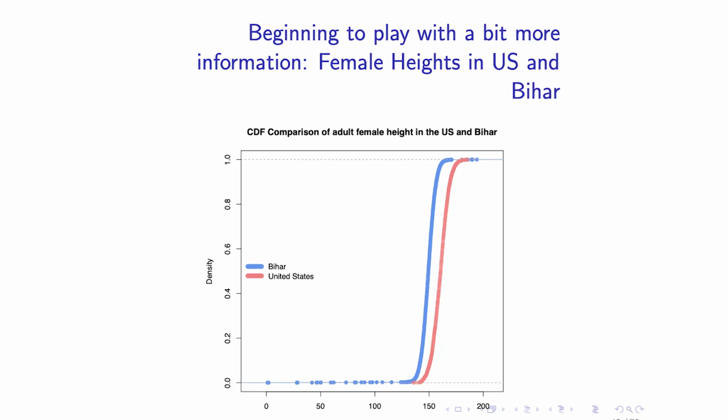So of course, eventually we will want to have a formal test of that. But visually, it does look like the US distribution is pushed to the right compared to the Bihar distribution, and hence what we might want to test is whether the US distribution first order stochastically dominates the Bihar distribution.